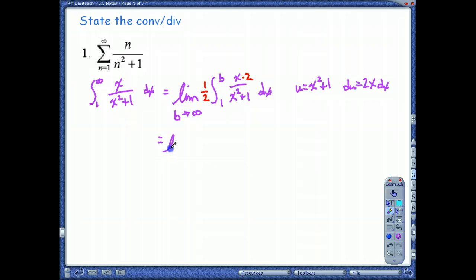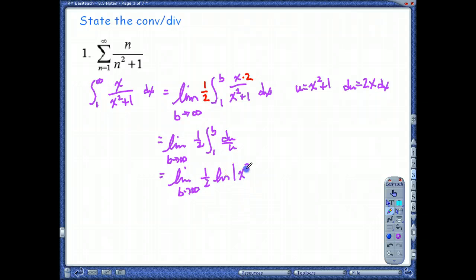I'm going to be finding the limit as b approaches infinity of 1/2, integral from 1 to b, of du over u. So I've got a natural log. And remember, when you have that natural log, you're going to have to change it back into your x's before you sub in those numbers.